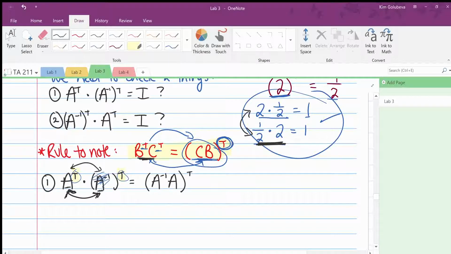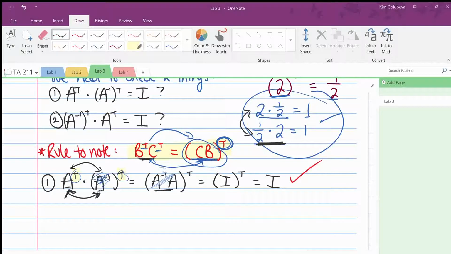So we have A inverse times A transpose, but as we've talked about many times before, A inverse times A, well, that just equals the identity, doesn't it? So we have identity transposed, and that just equals the identity. So we can just check this off and say, yep, that works.